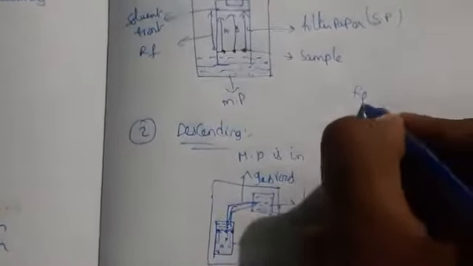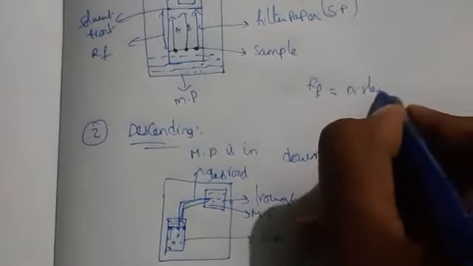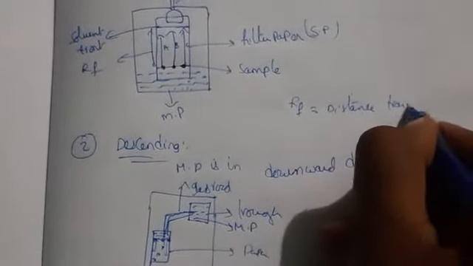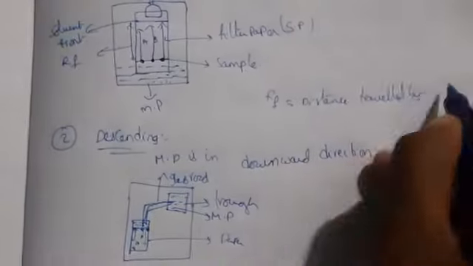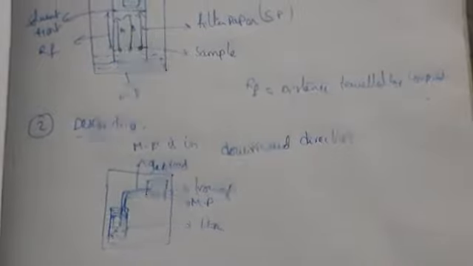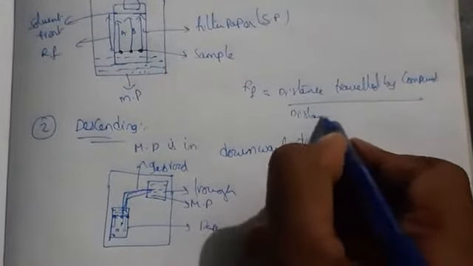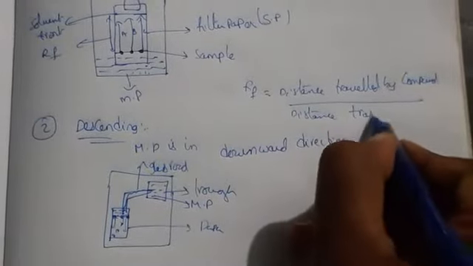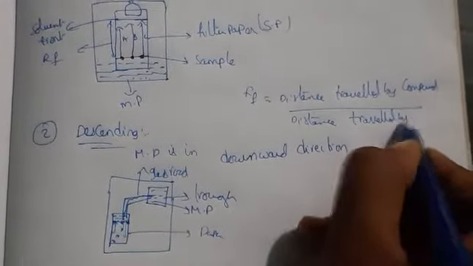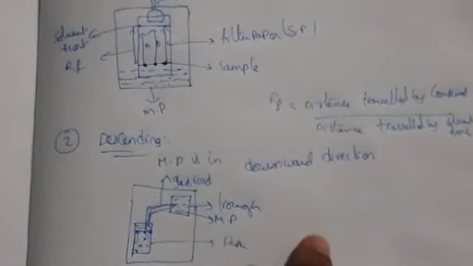By the way, what is RF? RF is the distance traveled by the compound or solute to the distance traveled by the solvent front. This is RF.